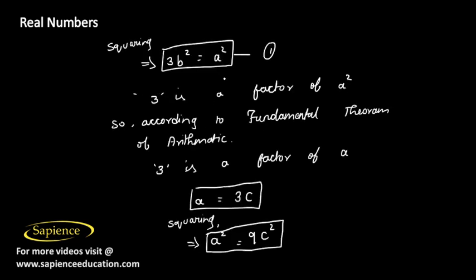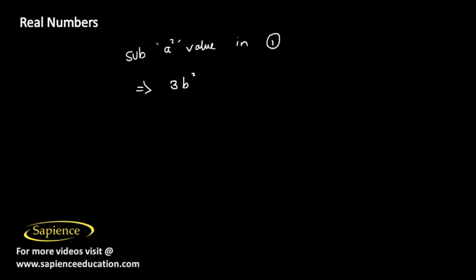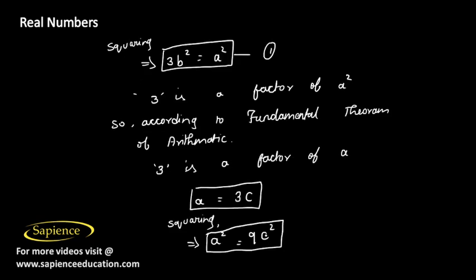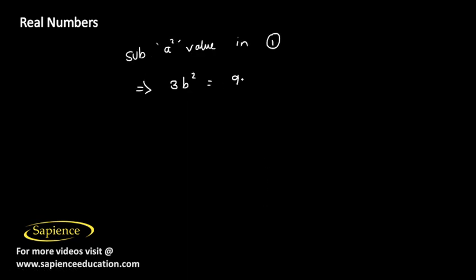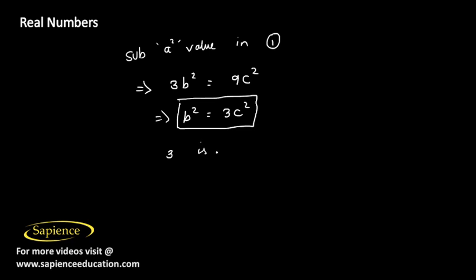Substituting the a square value in 1, we will get 3b square is equal to 9c square, which gives us b square is equal to 3c square. So from this equation we can get 3 is a factor of b square. Consequently, according to the fundamental theorem of arithmetic, 3 is also a factor of b.